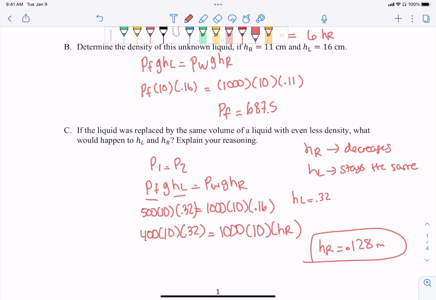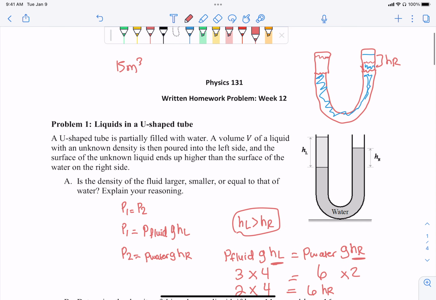Thinking about the water pushing the liquid sort of makes sense, but the thing is that since we're adding the same amount of liquid, it's going to be taking up the same amount of space, so it's going to be the same height, right? So it's like, once again, thinking about this as a cylinder.